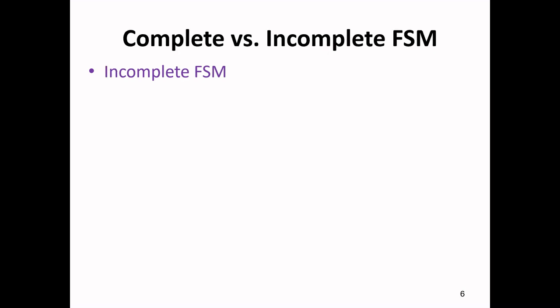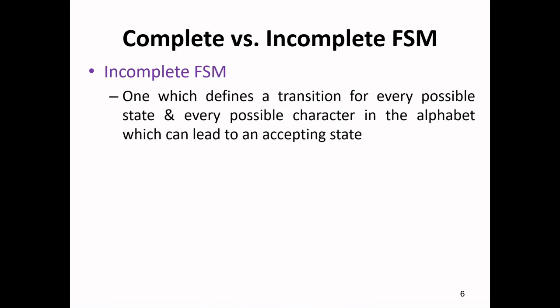Whereas an incomplete FSM is one which defines a transition for only those states and characters in the alphabet which can lead to an accepting state. If no transition is defined, then the string is rejected.